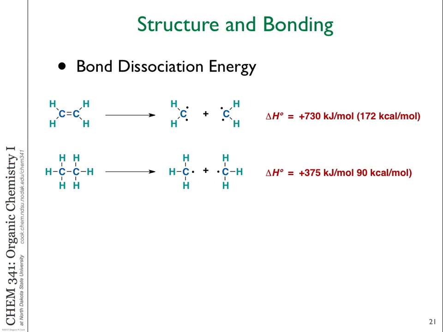That's the sigma bond between the 2 carbons. To break a double bond into breaking both bonds homolytically to form those very, very reactive species, that requires 730 kilojoules per mole. So based on that, can you tell me which is stronger, a sigma bond or a pi bond?